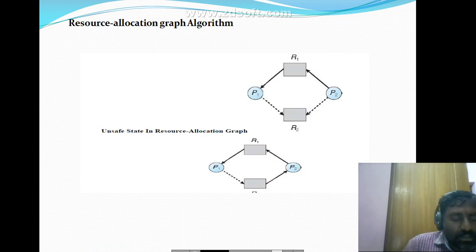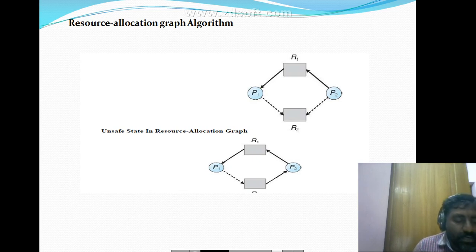For a single instance of resource type, we are going to use the resource allocation graph algorithm. So what is meant by resource allocation graph algorithm? Here the claim edge Pi to Rj indicates that process Pi may request resource Rj, represented by dashed lines. A claim edge converts to a request edge when a process requests a resource.